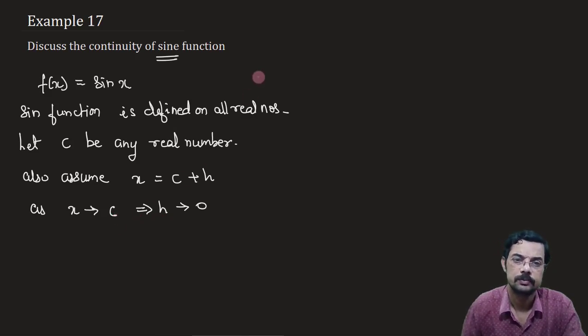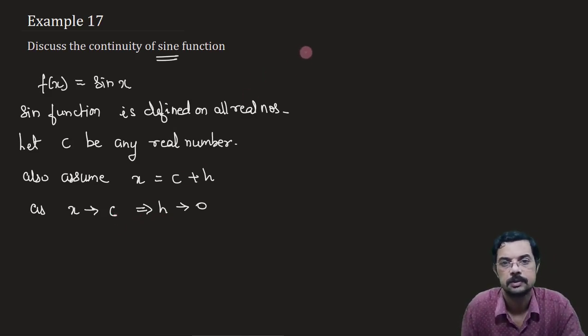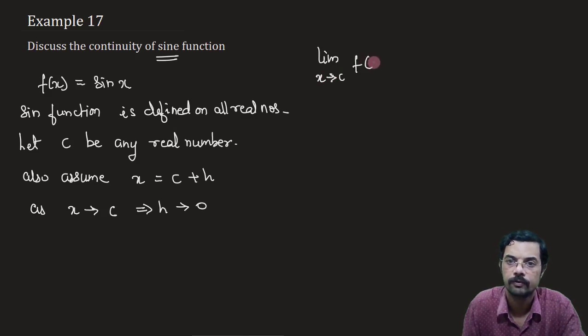Now let us use these concepts. To prove continuity, let us consider limit x tends to c of f of x, which is equal to limit x tends to c of sine of x.